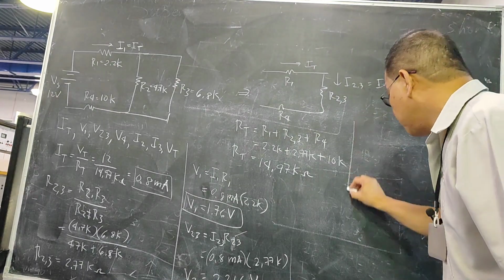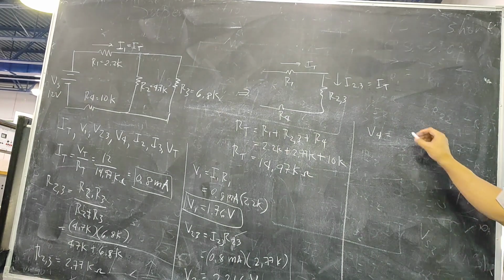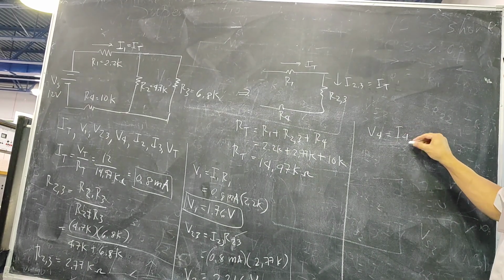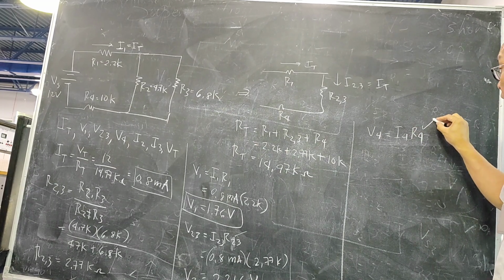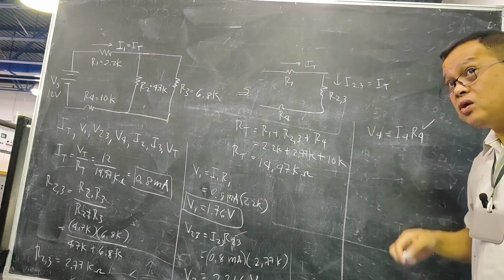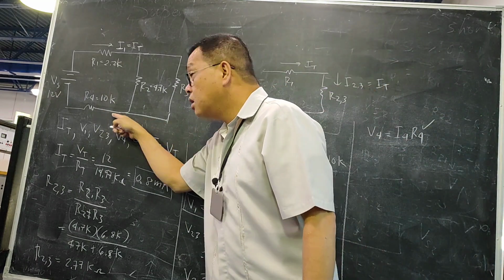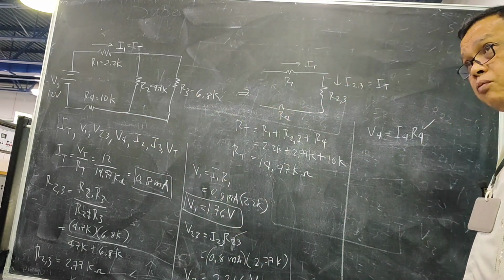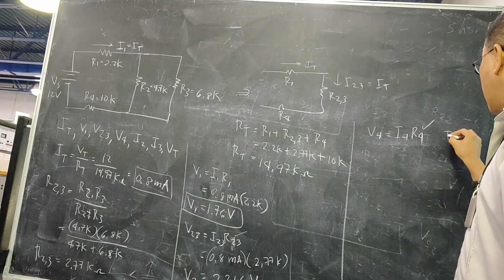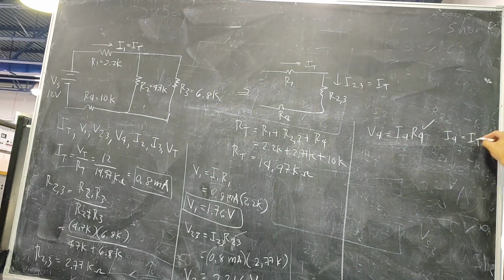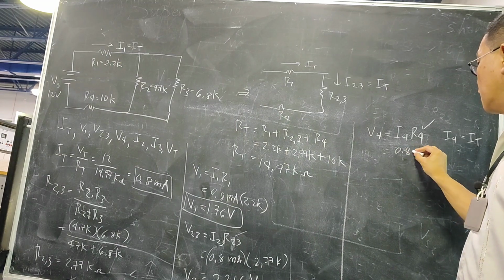V4. How about V4? That will be I4 multiplied by R4. R4 we have, and I4 is the same as I total again, right? I total here, I total on that side, equal 0.8 milli. So I4 is also equal to I total.